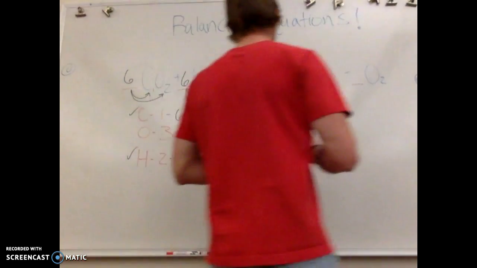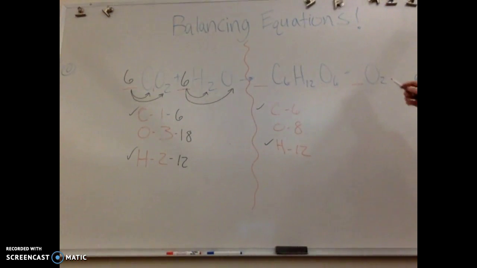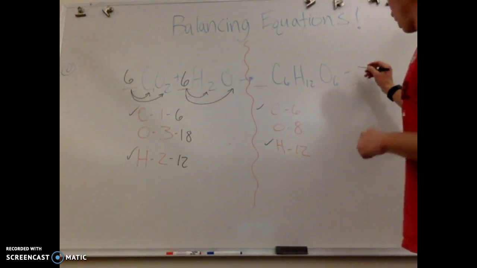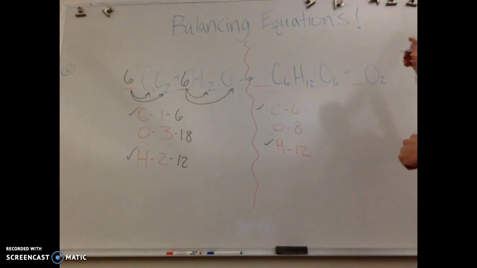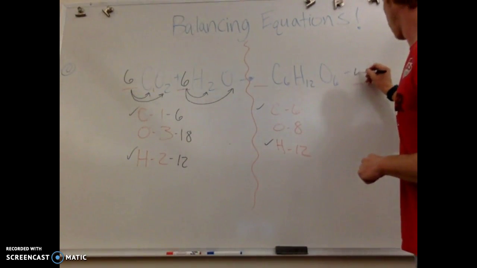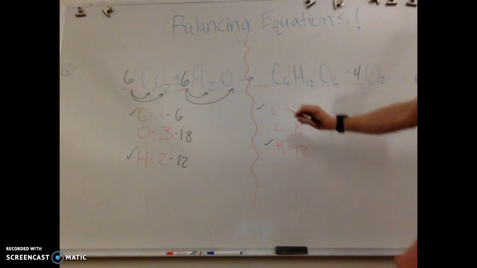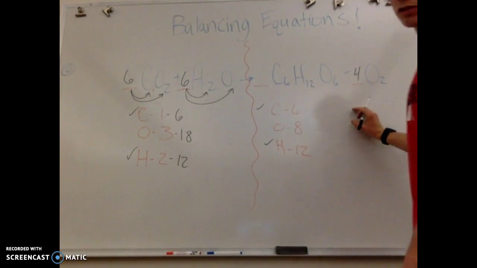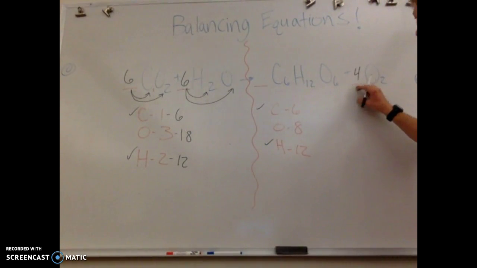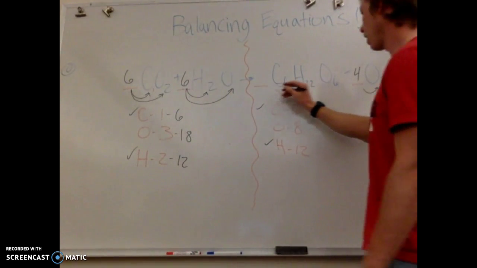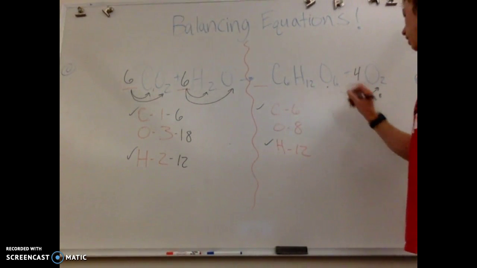So what I'm going to try and do is I'm going to throw in a number here. Let's try 4. So now we have to count up all the oxygens on this side, which will be 4 times 2, which is 8, plus the 6 that are still here.